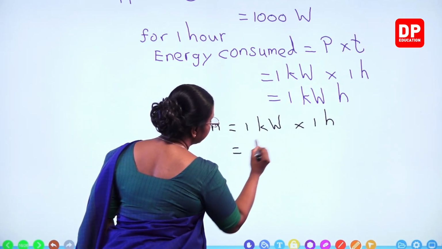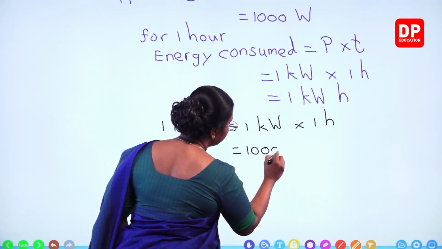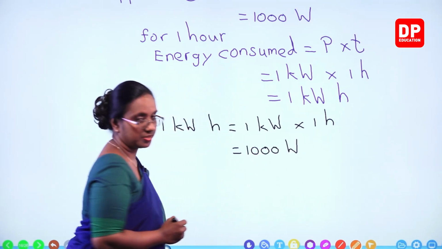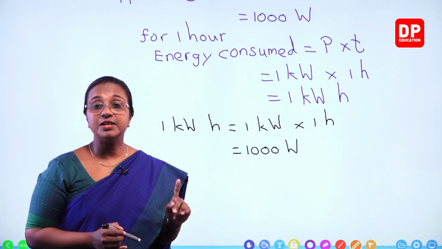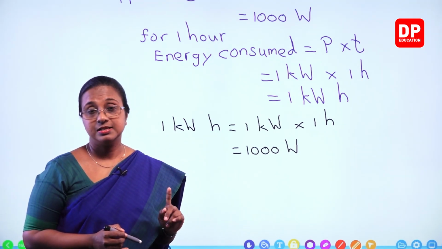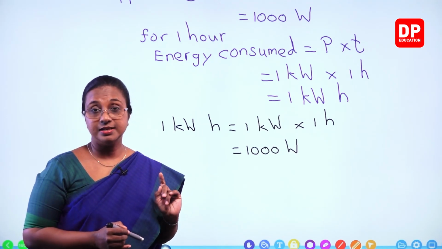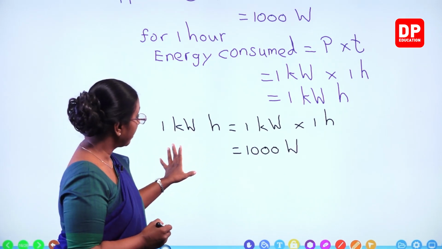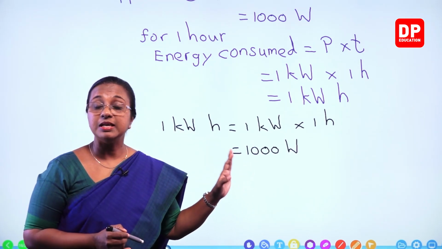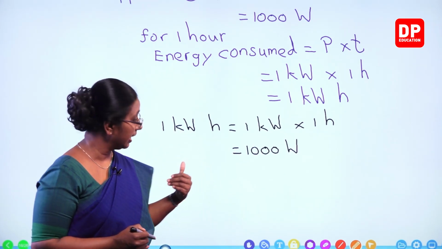So, when you say 1 kilowatt, that is equal to 1000 watts. Now, to get energy, we need to have the time in seconds. Joules per second is power. So, if you have power into time in seconds, that will give you the energy.